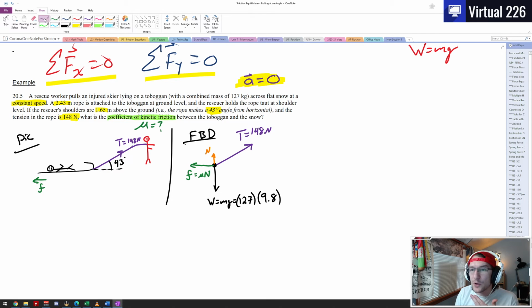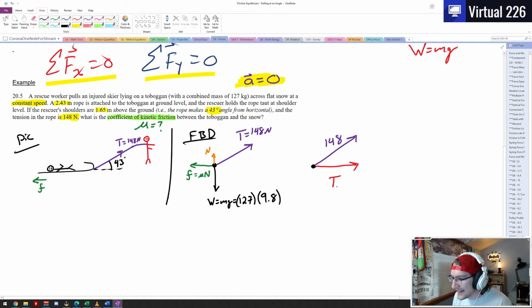Maybe one of the things that we've noticed is that this tension, since it's at an angle, we're going to have to break it up. So if here's the sledder again, and there's the tension of 148, we could recognize that this tension can be broken up into an X amount of the tension and a Y amount of the tension, with the angle on this triangle being 43 degrees.